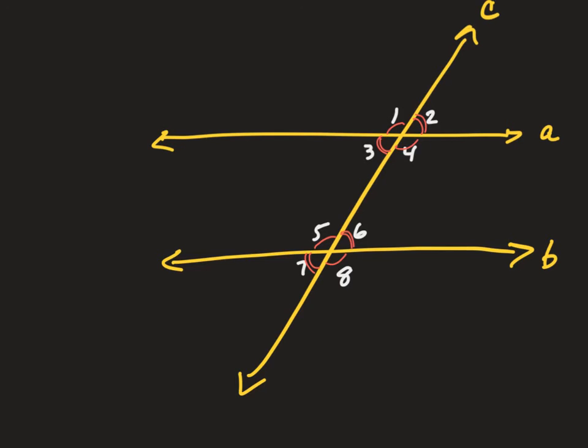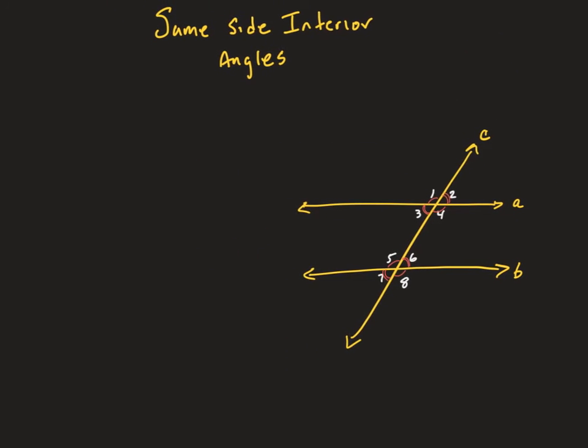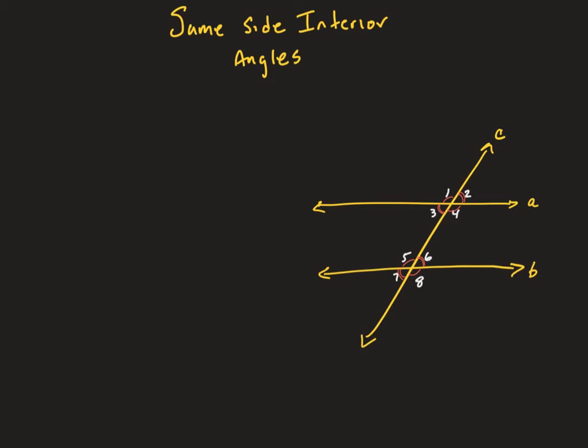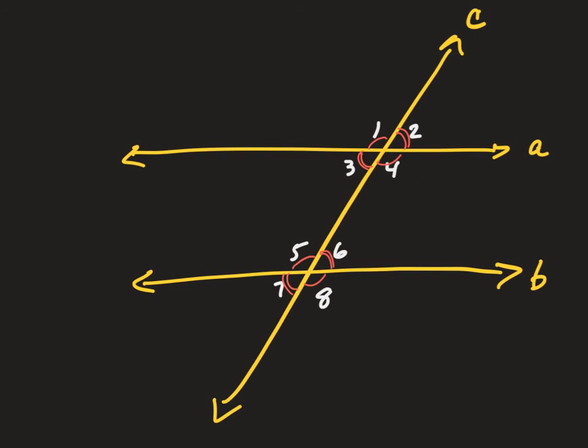Now we want to talk about same side interior angles. Let's see here before I just say it. Angle 1 plus angle 2 equal 180 degrees. Then angle 1 and angle 3 equal 180 degrees. Well, if 1 is equal to angle 5 and 1 plus 3 is 180 degrees, then isn't 3 plus 5 also equal to 180 degrees?